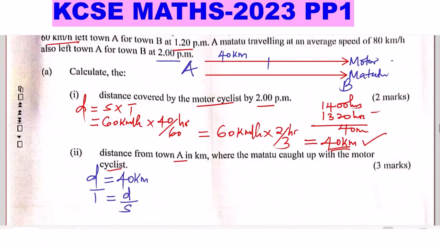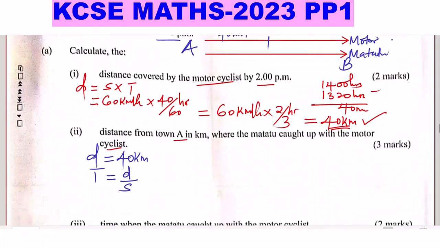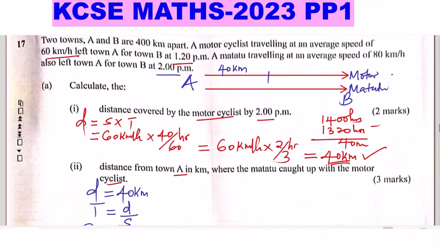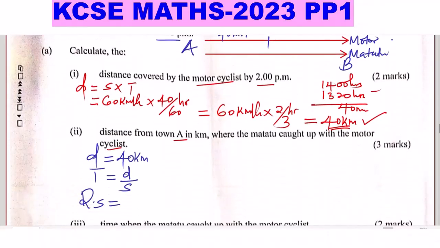The two of them are traveling in the same direction, from A. So we need to get a relative speed, and because they are moving in the same direction, we shall get the difference of their speeds. The speed of the matatu, 80 kilometers per hour, subtract the speed of the motorcyclist, 60 kilometers per hour, gives the relative speed as 20 kilometers per hour.